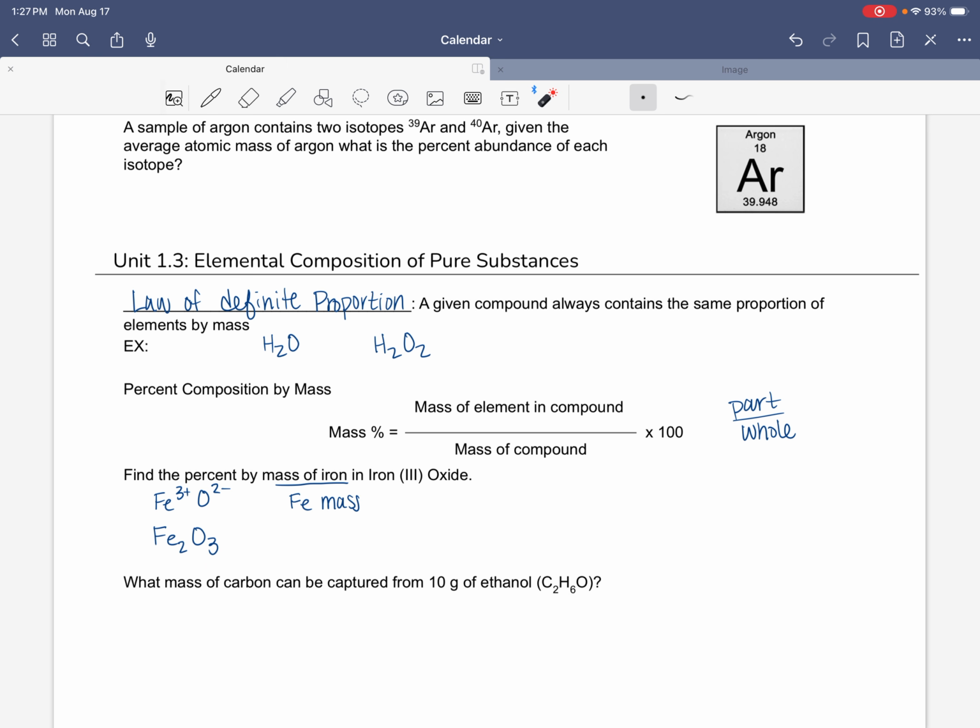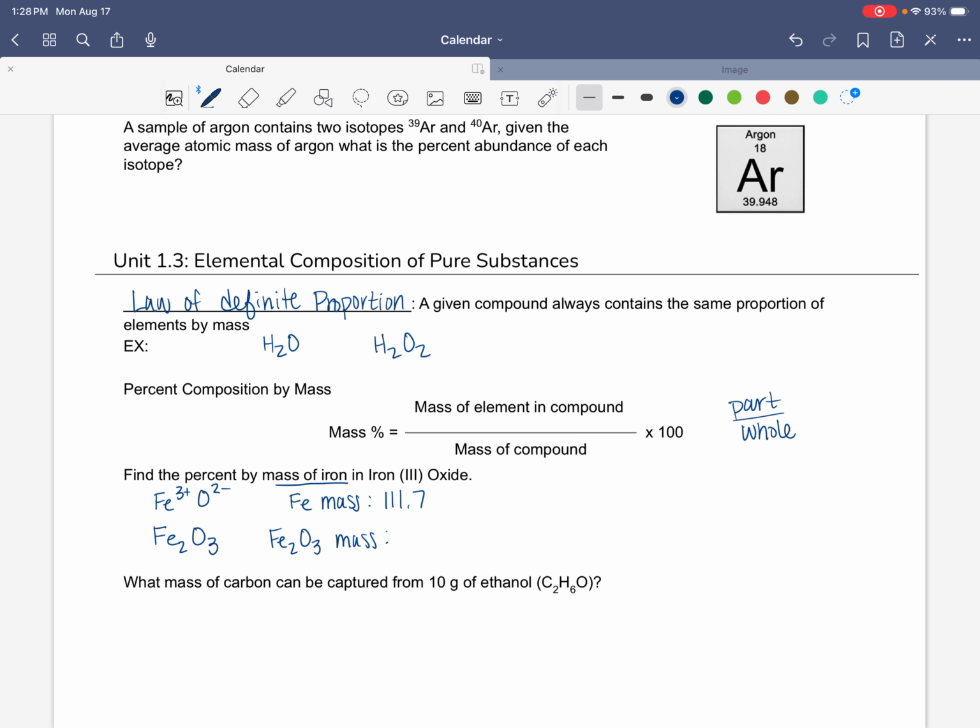So to find the mass of iron, I'm going to do 2 times the mass of iron off the periodic table. So my mass of iron would be 111.7.